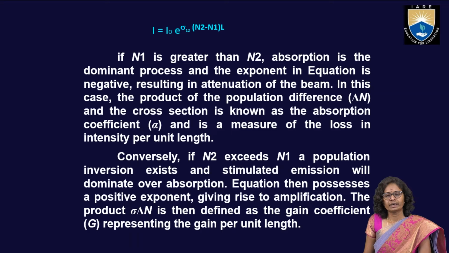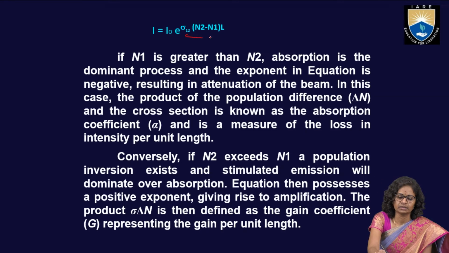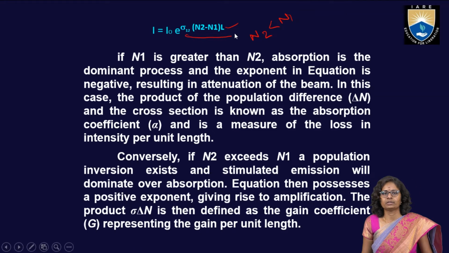If N1 is greater than N2, absorption is the dominant process and the exponent in the equation is negative. If N2 is less than N1, the exponential is negative, resulting in attenuation of the beam.